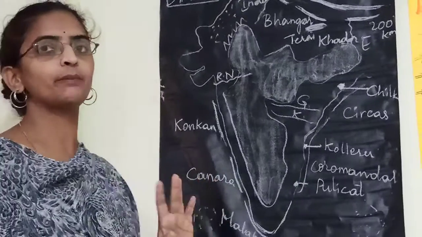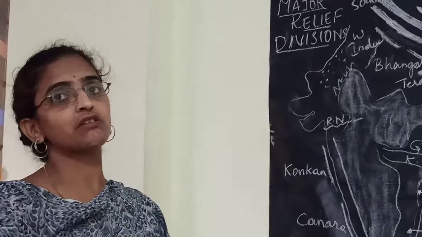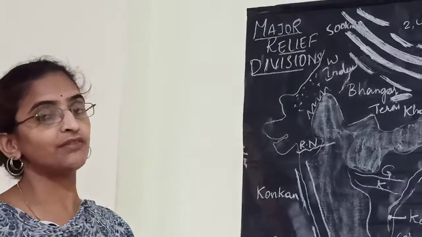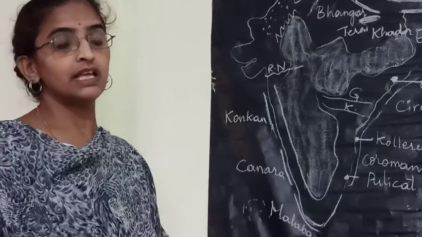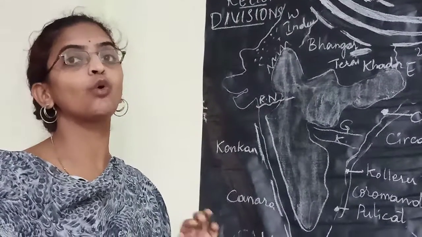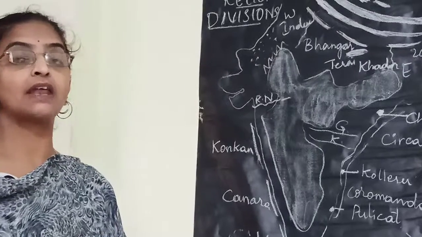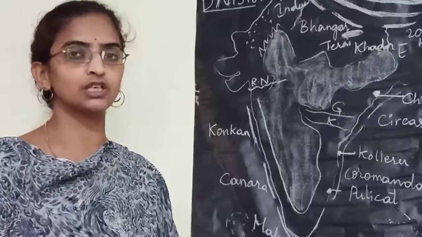So this is all about the six major reef divisions. Each reef division has its own features and makes an extensive vegetation.